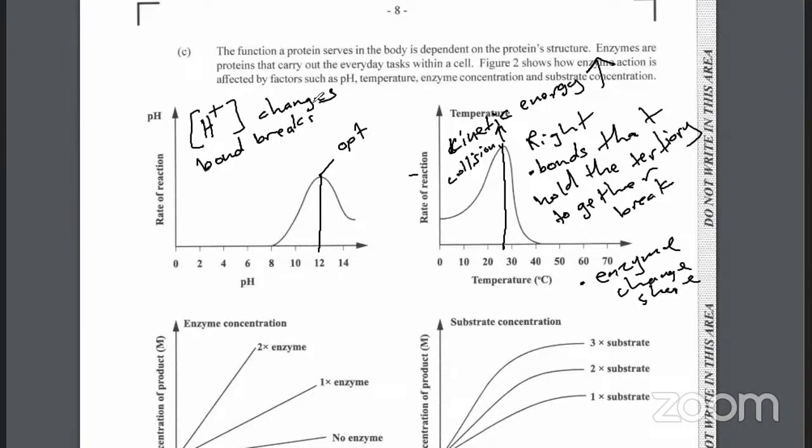You get a different interaction, right? So when the bonds break, the shape of the active site will be adjusted, right? Active site changes, and so the substrate cannot bind, right? So pH and temperature, they will change the shape of the active site at a certain point. That is why the enzyme becomes denatured. Enzyme and substrate concentration, they do not affect the active site.